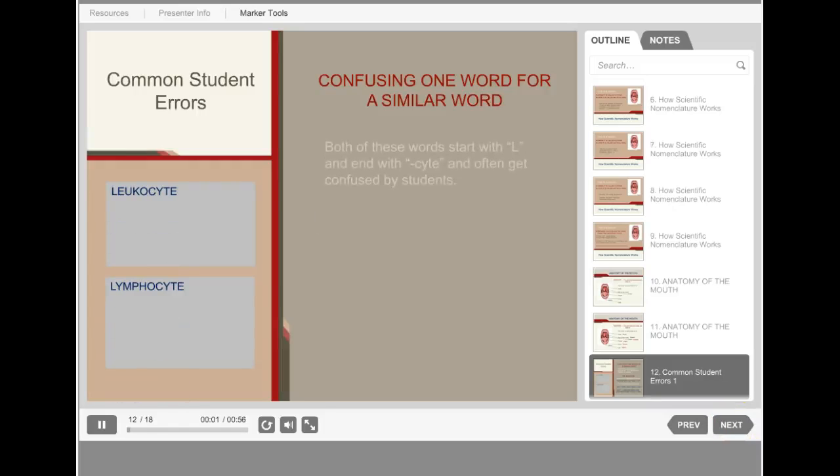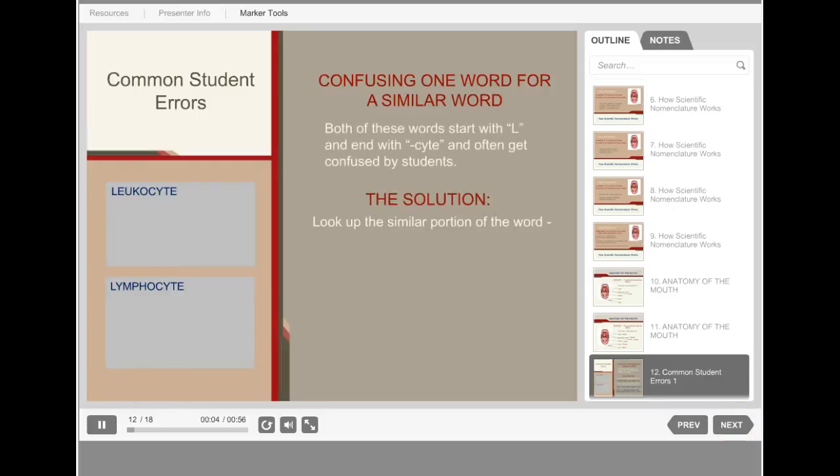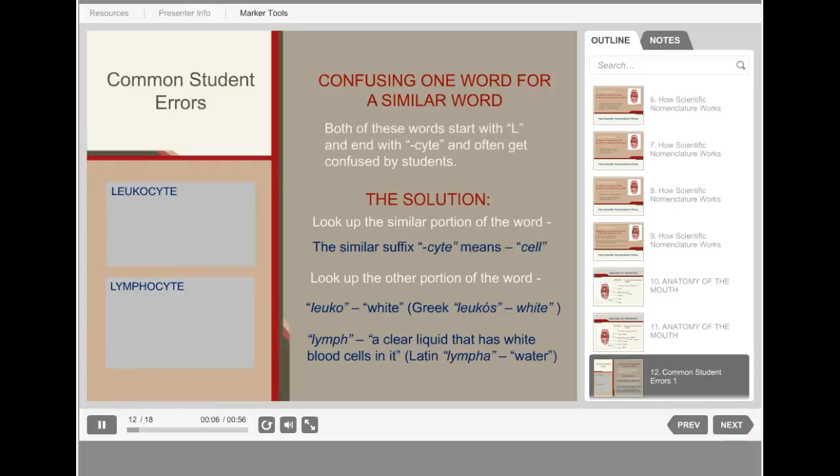Students commonly make the mistake of confusing one term for another because they look similar. For example, leukocyte and lymphocyte both start with L and end in cyte. To differentiate, a student needs to look up the word in a dictionary. The similar portion, cyte, means cell.